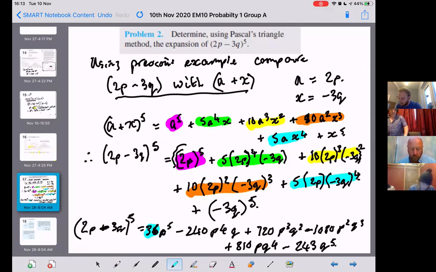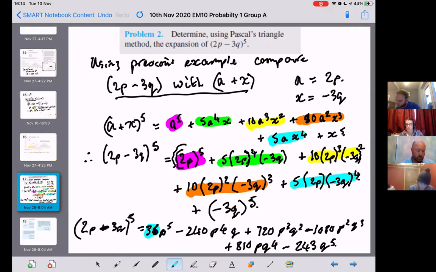We've got to finish in a minute. We'll have to pick this up again next week. Yeah, I did get that in the end. 2 to the 4 is 16 times 5 times minus 3, minus 240, yeah. So it's just bringing the constants together into one coefficient. Yeah.